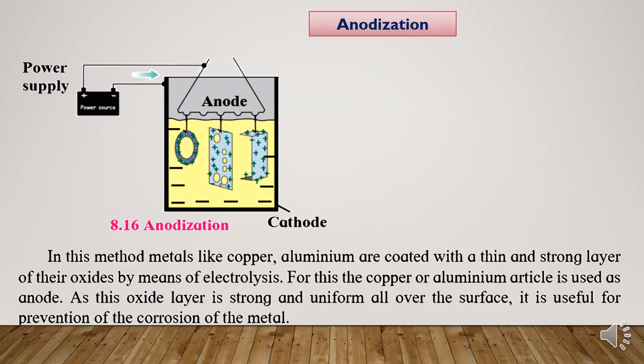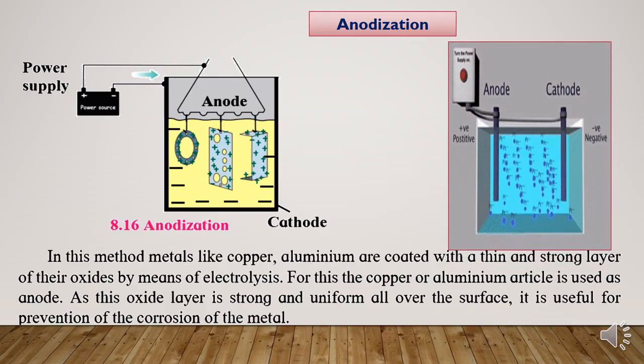Next method is anodization. In this method, metals like copper, aluminium are coated with a thin and strong layer of their oxides by means of electrolysis. For this, the copper or aluminium article is used as an anode. As this oxide layer is strong and uniform all over the surface, it is useful for prevention of the corrosion of the metal.